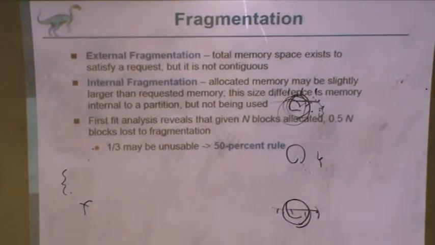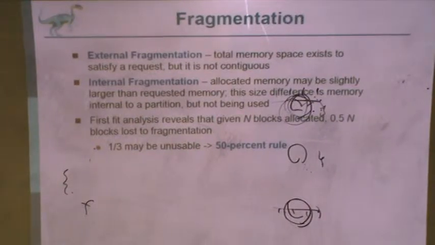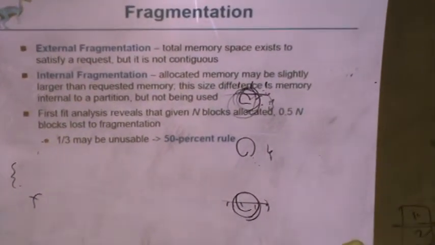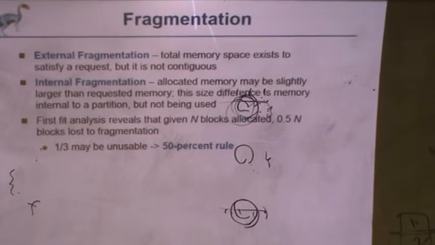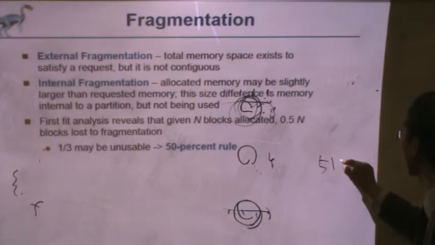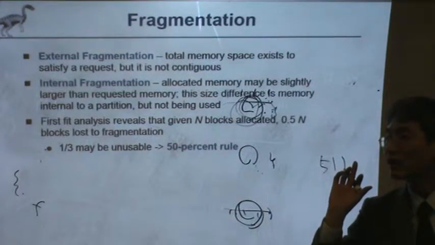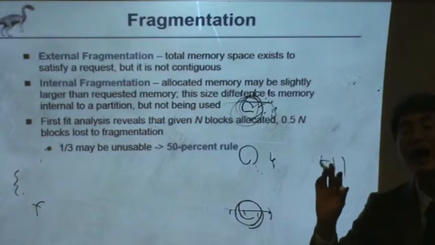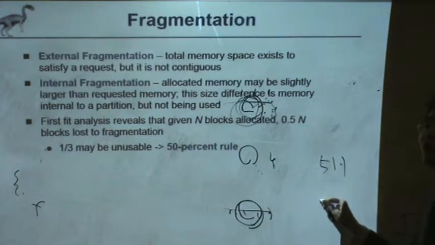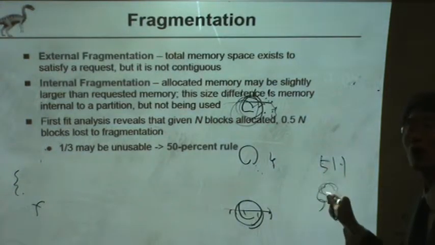Internal fragmentation means that the memory, the process, and the input and output cannot handle, say, 551 bytes. It's usually a multiple of a certain number, usually a power of 2.